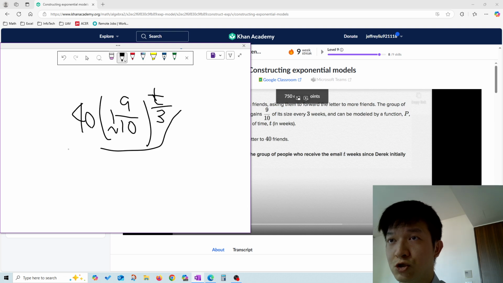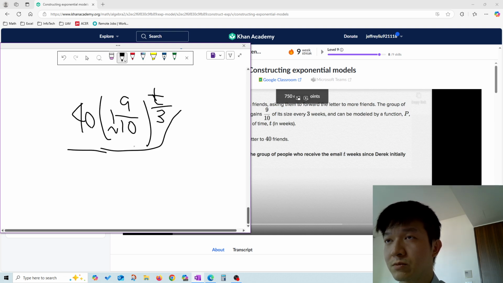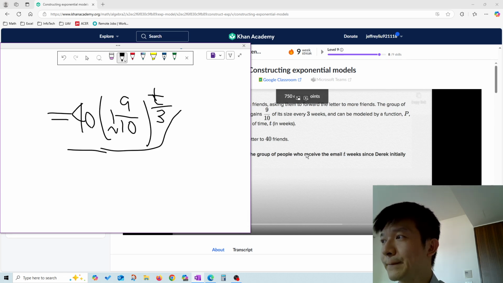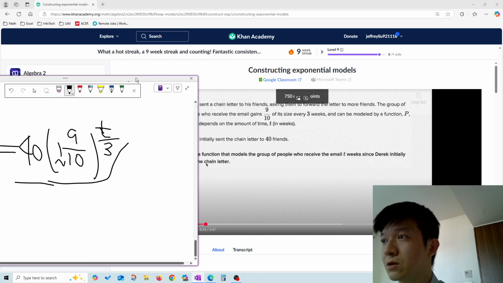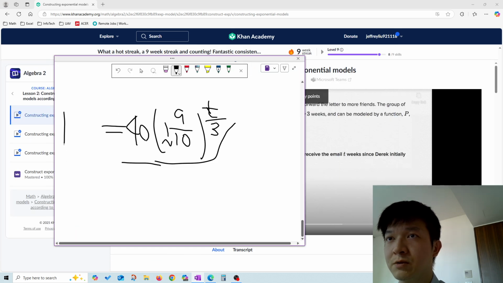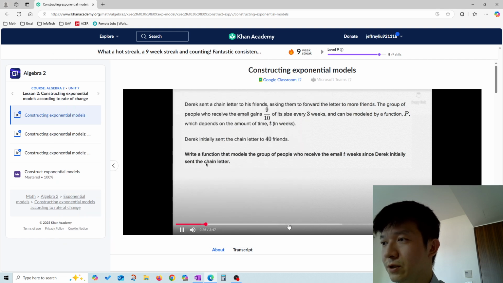So this is a geometric series as well, where you just times the next term and you get the next term, right? So here is our p of t, right? P of t. And that is our model here, okay?